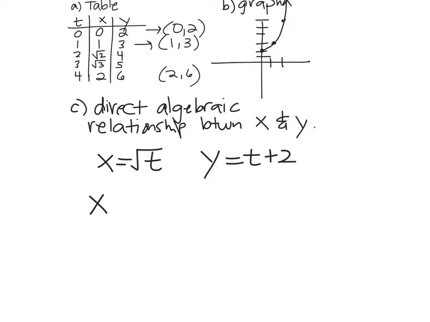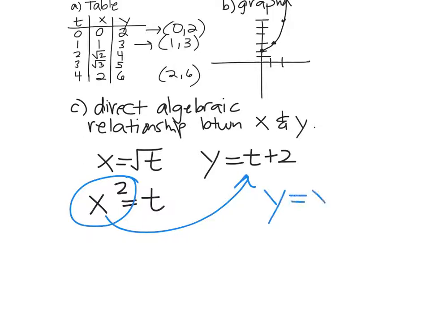So I get x squared equals t. So I squared both sides. And then I'm going to take t equals x squared, and I'm going to substitute it in to eliminate, to get rid of t. Do you see what I did? So in one of the equations, I solved for t, and then I plugged it in, and so what I get is y equals x squared plus 2.